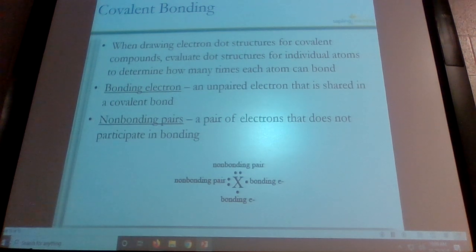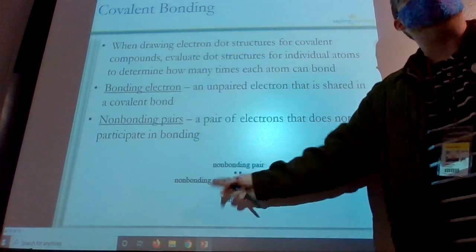Now this hydrogen has how many electrons? 2. And the chlorine has 1, 2, 3, 4, 5, 6, 7, 8. And so now both of them are satisfied because hydrogen has 2 electrons, which is the max. Chlorine has 8, which is the max. And we've hooked that together using our bonding electrons versus non-bonding pairs.